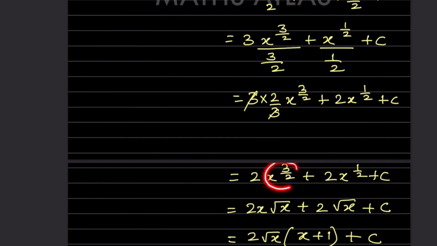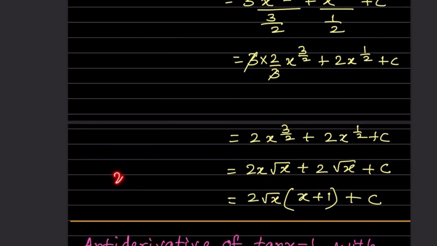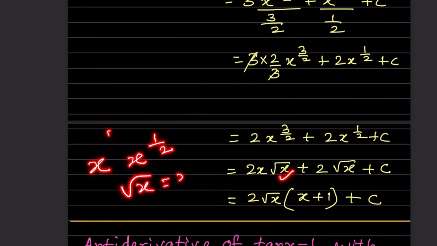So now look at here, for this one, x raised to 3 by 2, we can also write that as x into root of x. So how is that? Why is this root of x? Because root of x is x raised to 1 by 2.